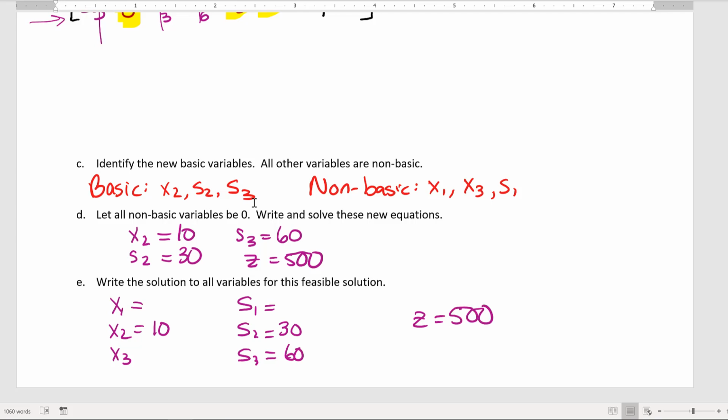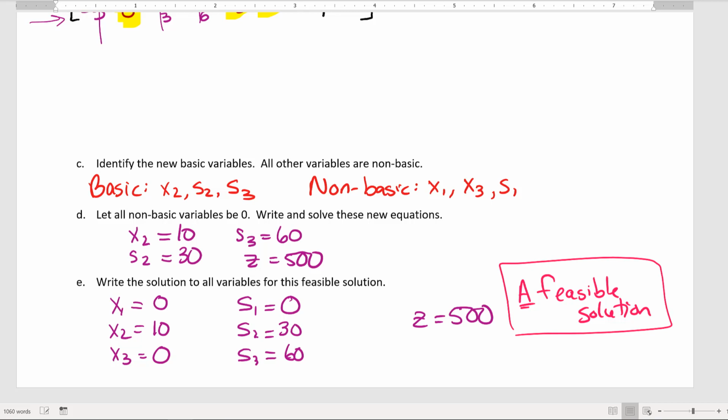That means my non-basics are going to be x1 equals 0, x3 equals 0, and s1 equals 0. This is a feasible solution, and I want to emphasize that. This is a feasible solution. It may not be the best feasible solution, but it definitely is a feasible solution. We're going to spend the next section learning how to get the best feasible solution, but this one does work.